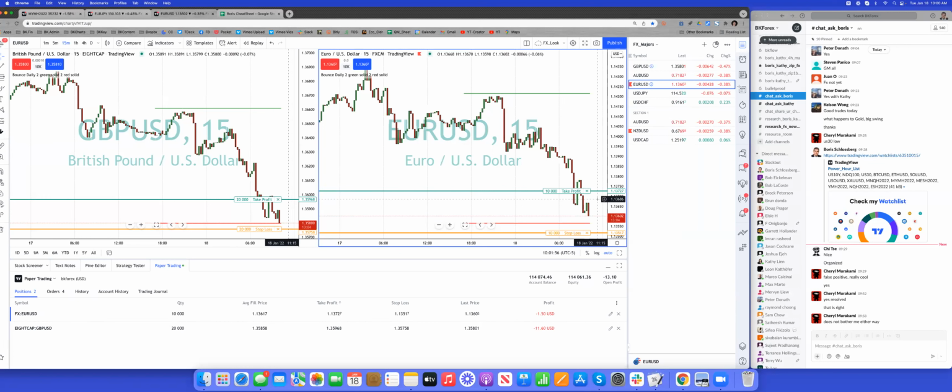I'll let you know at what level and how long it took to resolve this, but for now I'm engaged, so I'm going to let it play out. Yeah, it's hard. It looks worse than it does because these price levels are just so small. So I'm actually only down like a pip on this.